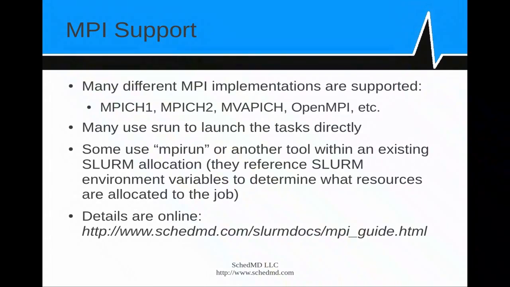Some flavors of MPI rely upon mpirun or some other tool to launch the task, and they would typically use the Slurm environment variables that I showed you a couple of slides ago to determine which resources they're supposed to use. And there's several pages of information that detail how the different MPI implementations use Slurm at the website shown there.